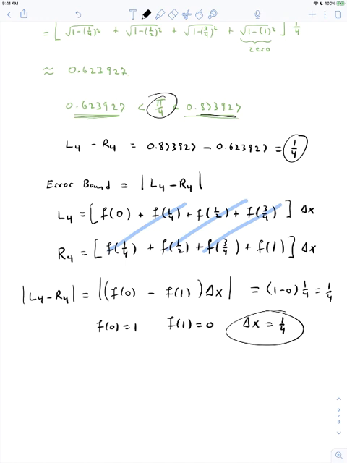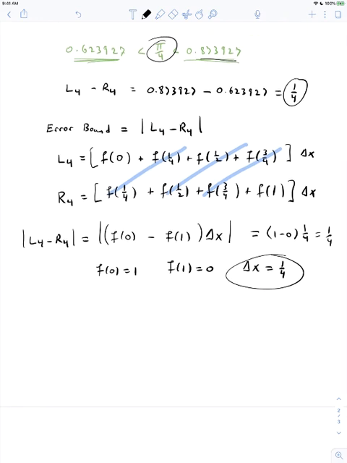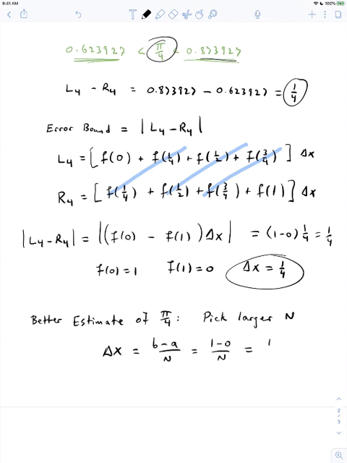The important thing is that it's delta x. So whatever my delta x is, that dictates how close my L4 and R4 are going to be to the actual area. So if I want to have a better estimate of pi over 4, I need to pick a much larger n, because delta x is b minus a over n, which is 1 minus 0 over n, which is 1 over n.